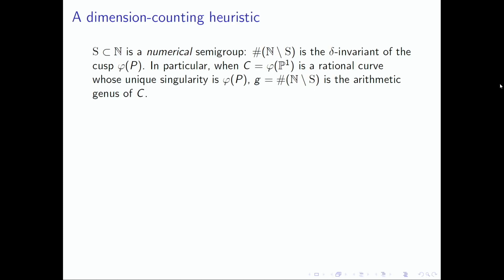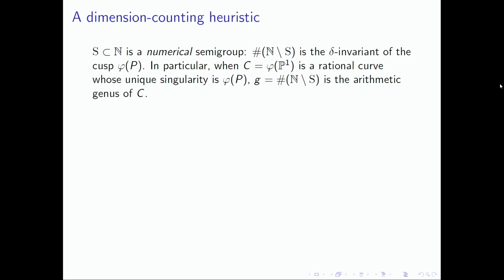In order to do that, I first have to remind you of a couple of standard facts about semigroups, and specifically how semigroups of cusps allow you to recover some of the geometry of the cusp. So the basic fact is that any one of these value semigroups has finite complement in the natural numbers.